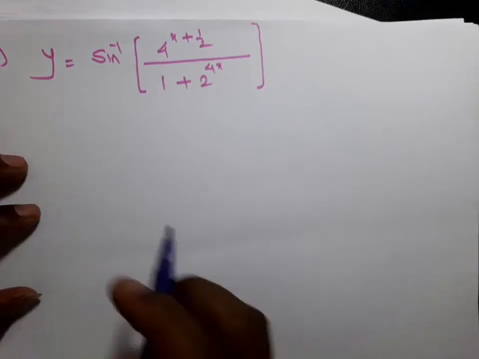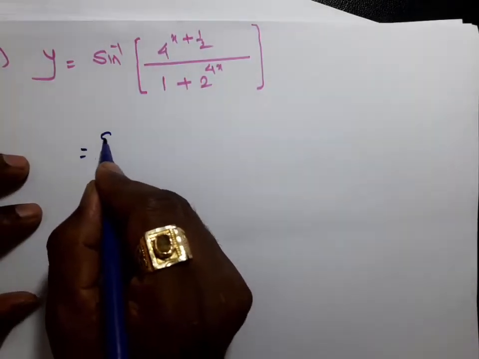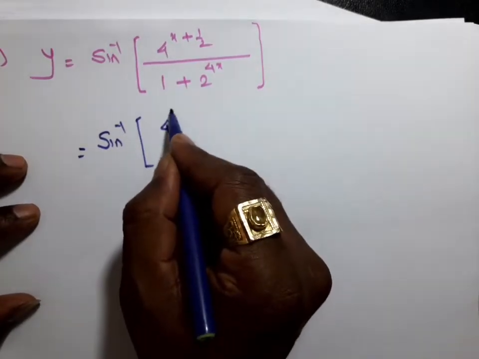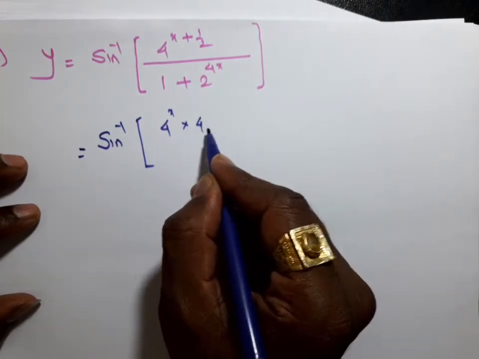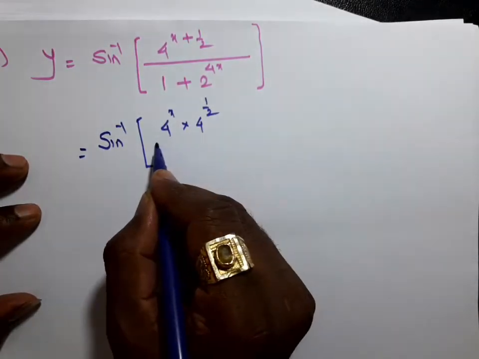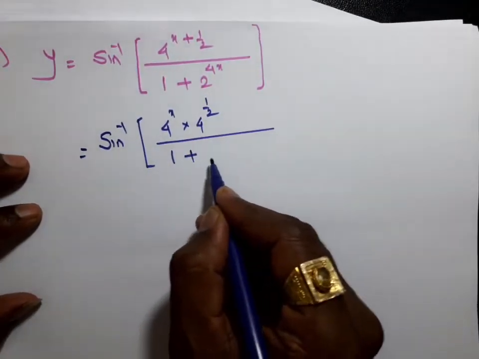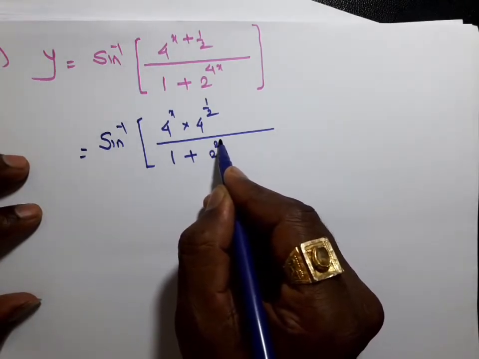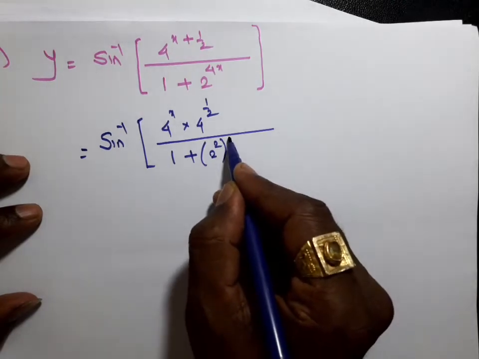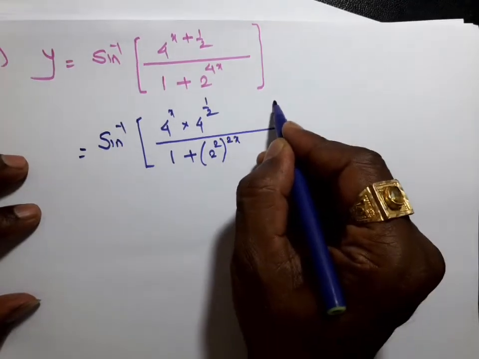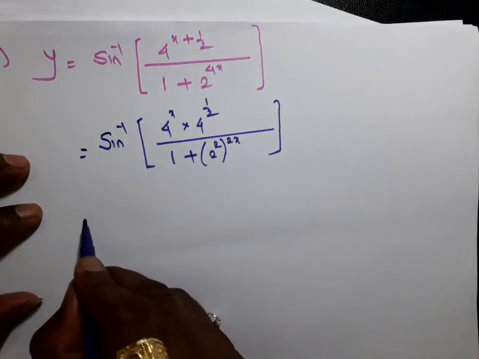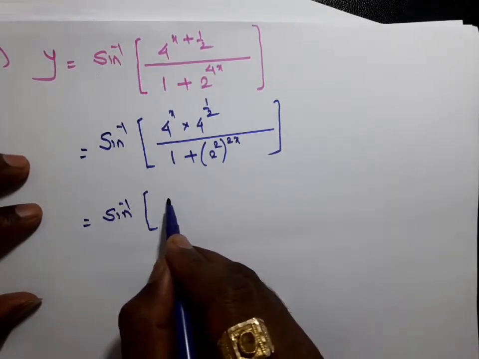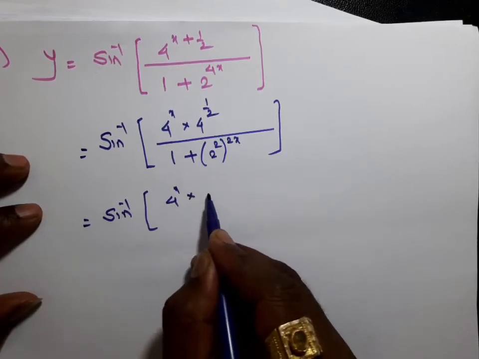Now another interesting example. First I am going to simplify this as required by me. 1 plus 2 raised to 2 into 2x by the rules of indices. Okay, this is sine inverse of 4 raised to x into 2.